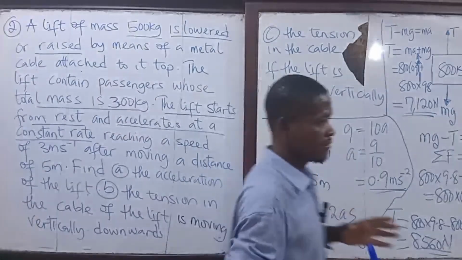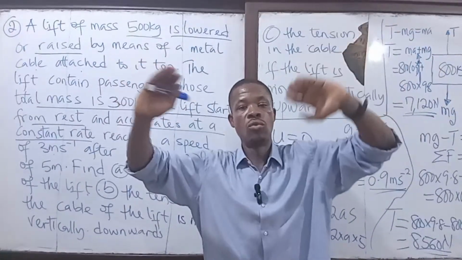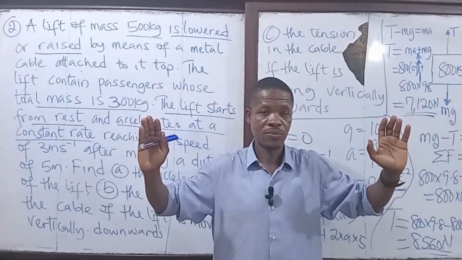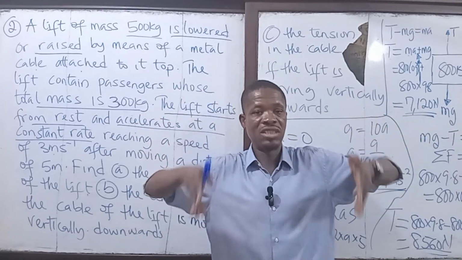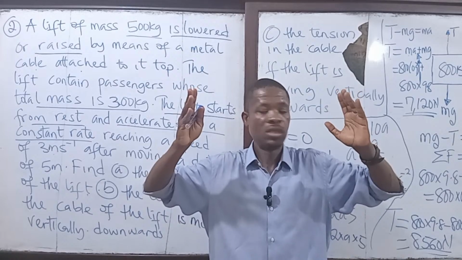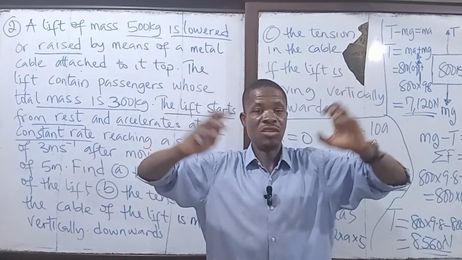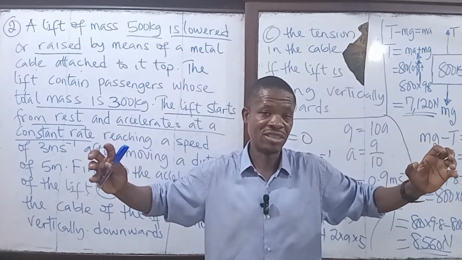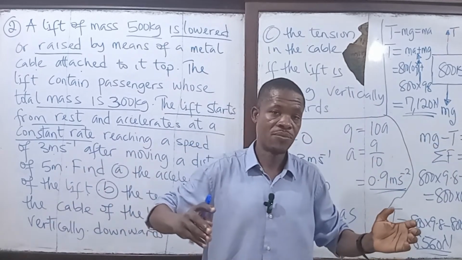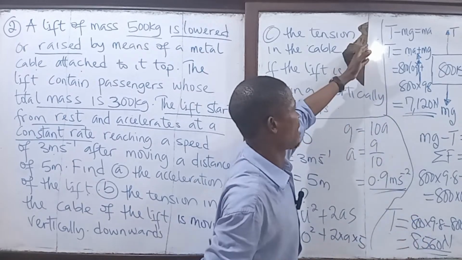I want to recap again. You need to know the direction of the movements. So when the direction is vertically upward, it means that acceleration is upward, and you're going to resolve it. You get the resultant of the forces equal to Ma. Okay, that's just that.